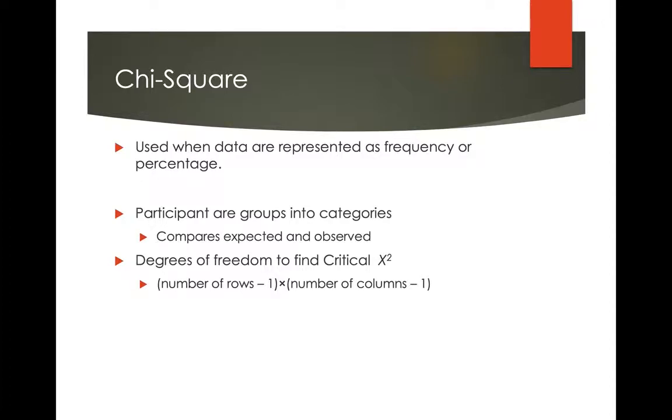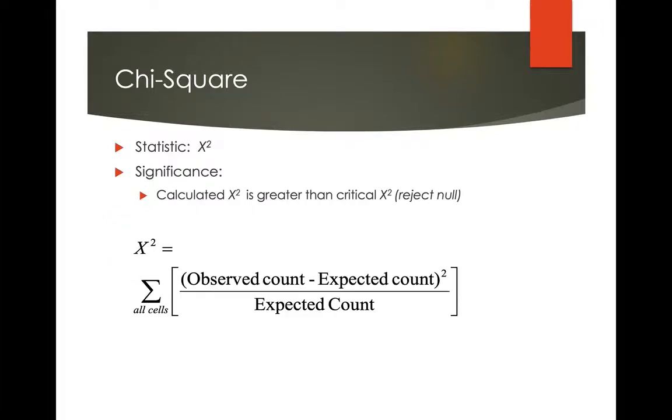We also need to calculate what is known as the degrees of freedom to find our critical chi-square value, similar to what we did for our t-test. To calculate our degrees of freedom, we do the number of rows in our table minus 1 times the number of columns minus 1. I'll show you what that looks like more specifically in another slide.